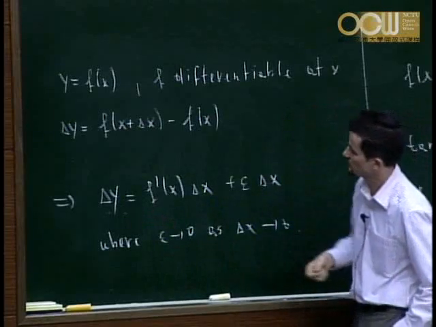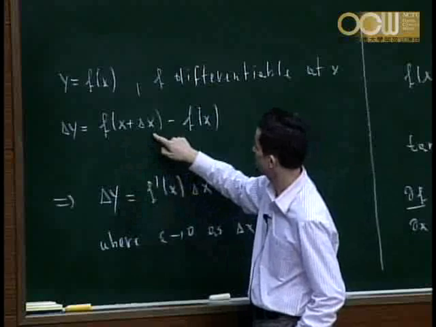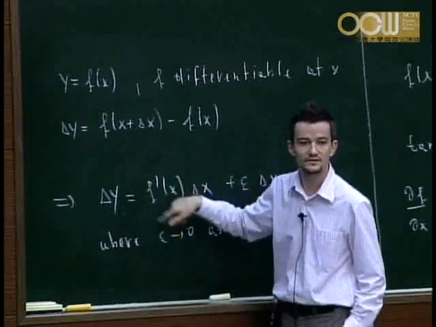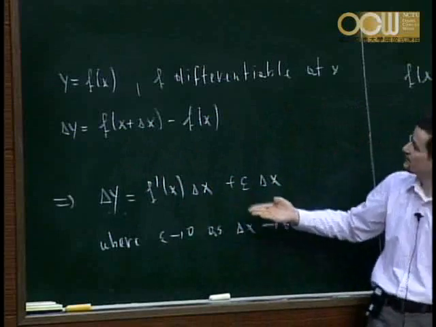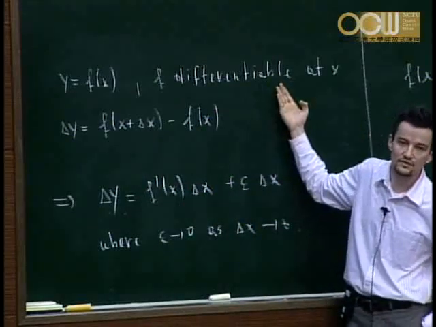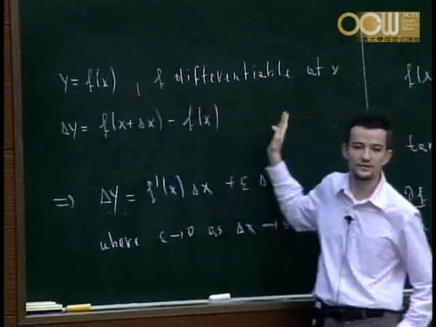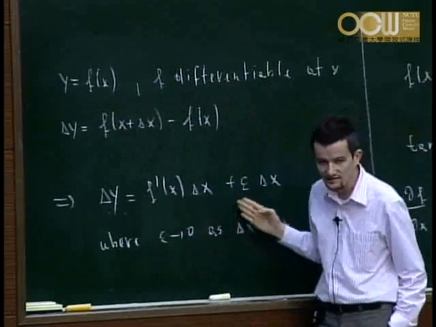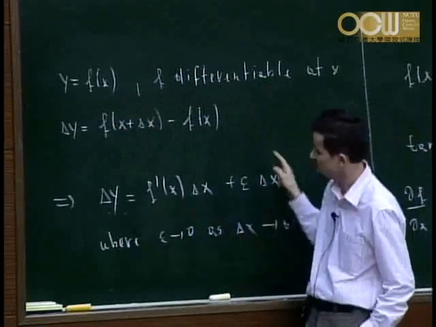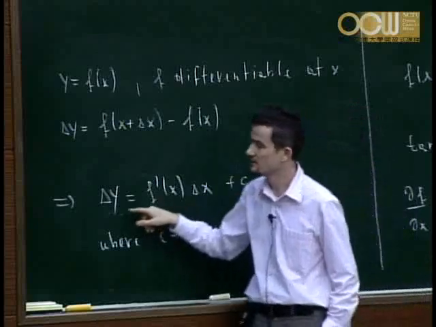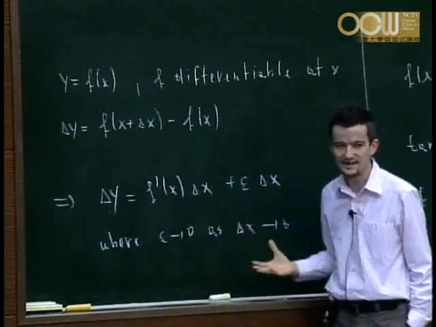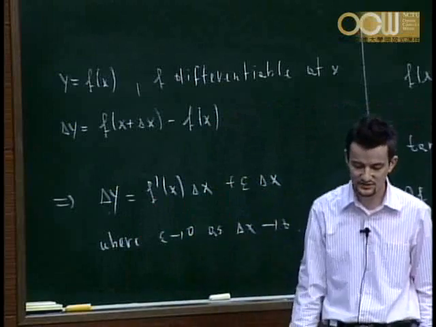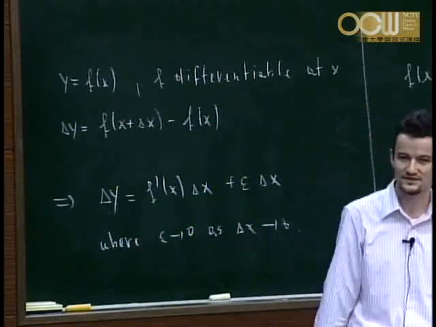If you rewrite this, f of x plus delta x is equal to the tangent plus a small error. So whenever f, a function of one variable, is differentiable, the tangent is a good approximation of the function in this sense.